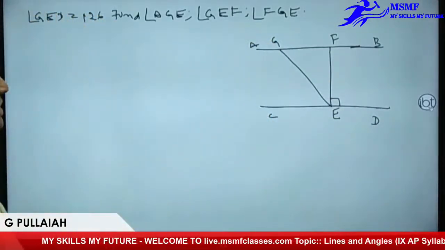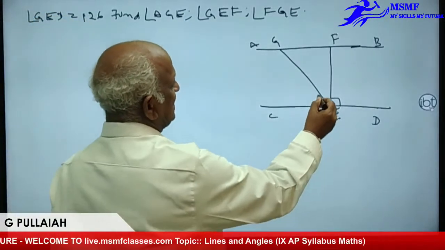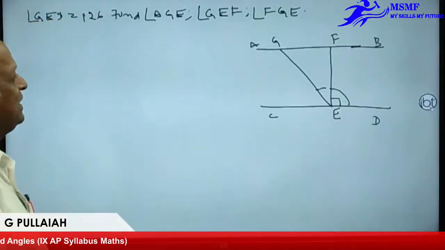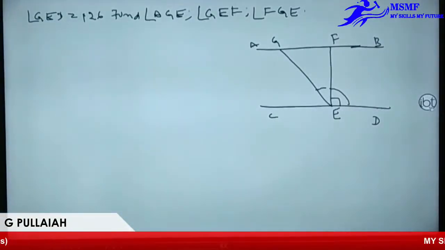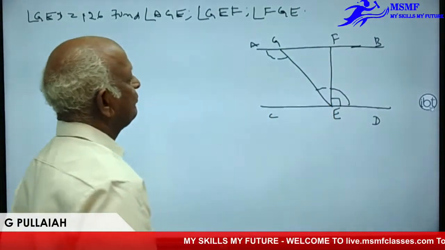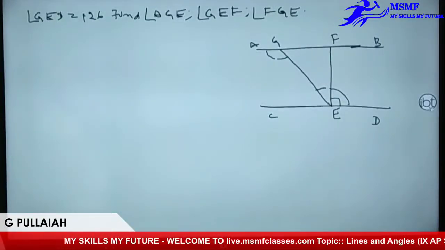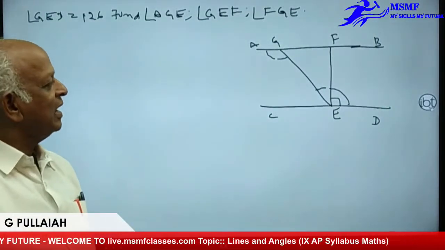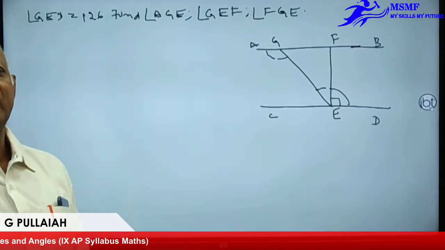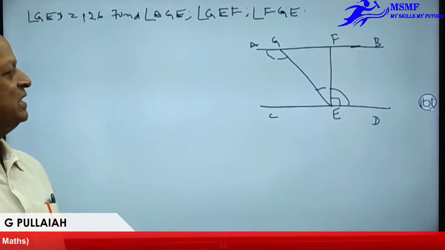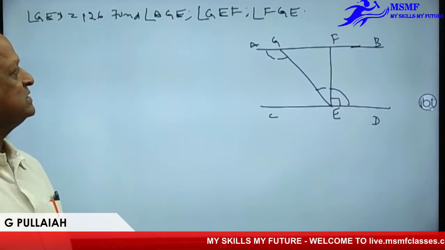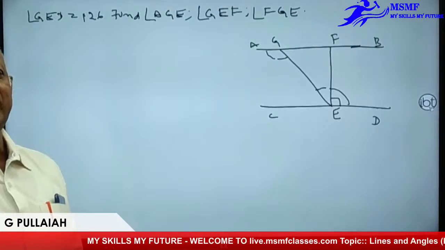Observe angle GED and observe angle AGE. What can you find here? These two are alternate angles. Here it is given that AB is parallel to CD.